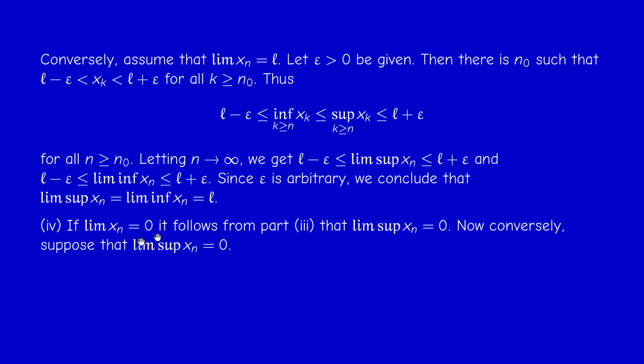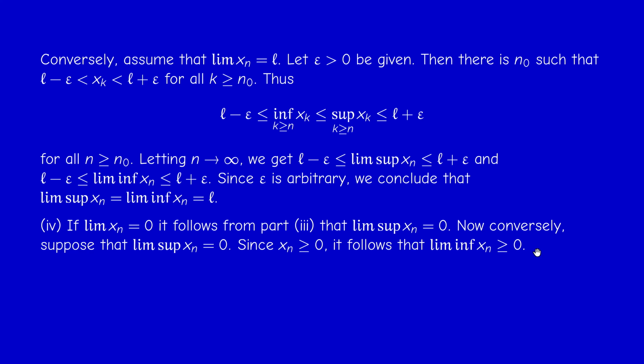So if the limit is 0, then the limsup is 0, if the limit exists. Now conversely, suppose that the limsup of xn is 0. If xn is bigger or equal than 0, then we can conclude that the liminf of xn is greater or equal than 0, by going back to the definition. If xn is bigger or equal than 0, then zn is bigger or equal than 0, and so the limit of zn is bigger or equal than 0.